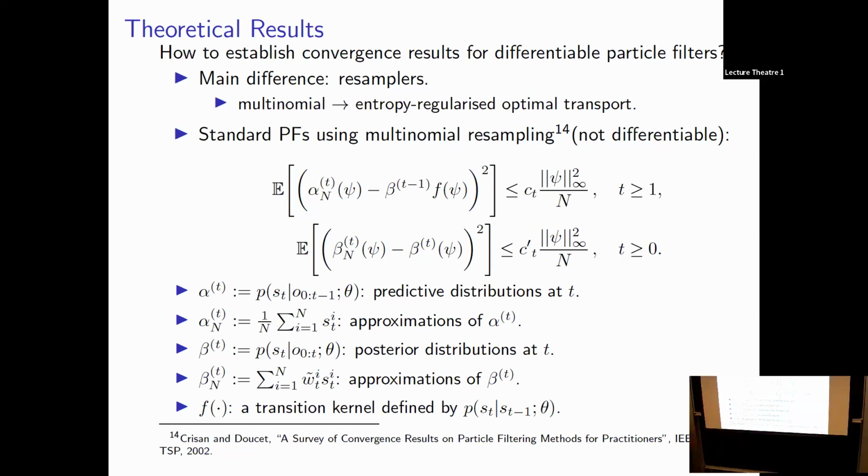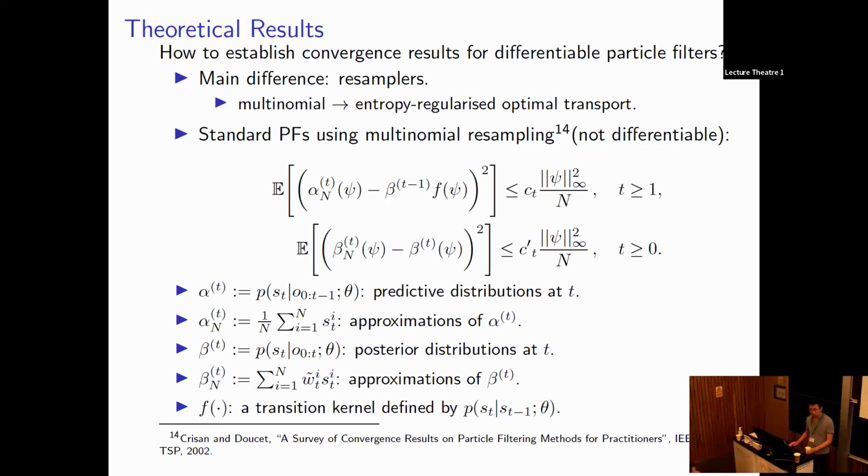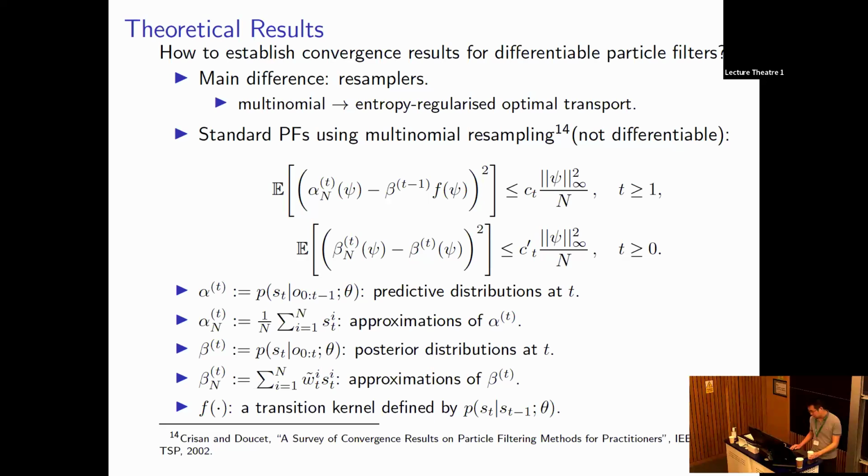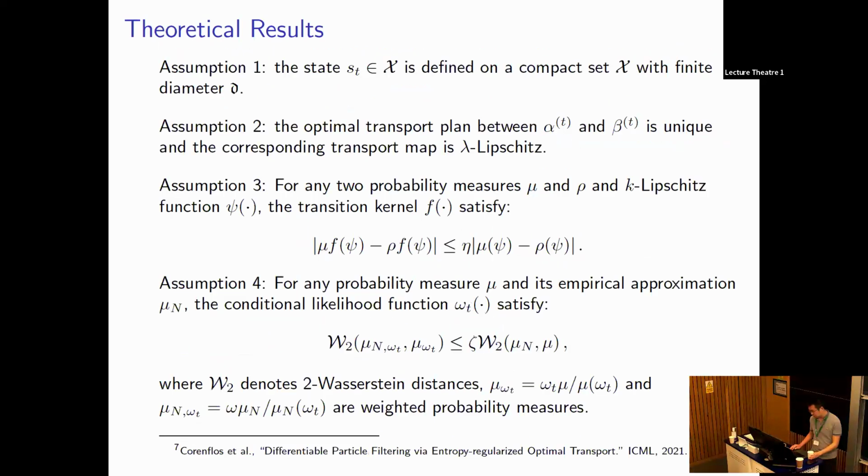And then we want to establish the mean square error, the consistency property, for the normalizing flow-based particle filter. We inherited many of the assumptions from this paper that proposes an optimal transport-based resampling approach. Essentially, there are four main assumptions. The first one is that the state is on a compact space.